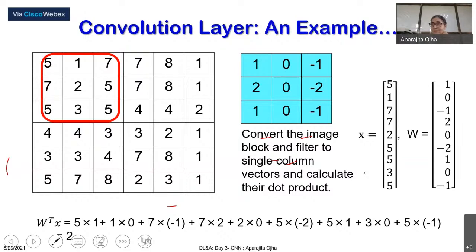I hope you understand why we take transpose here. Somebody was asking the other day on the first day why we take transpose. You cannot multiply W and X directly. You have to take the transpose so that the dimensions match for matrix multiplication. All right, so finally you get 2.